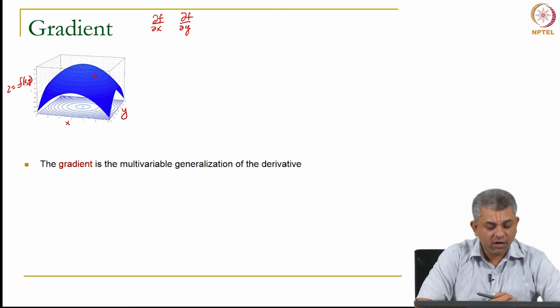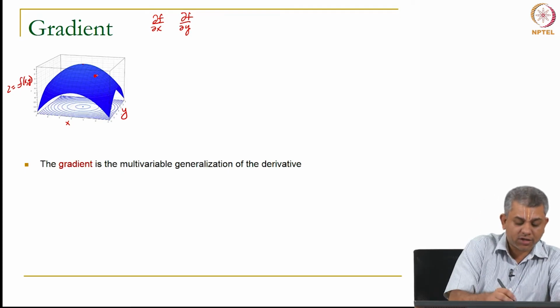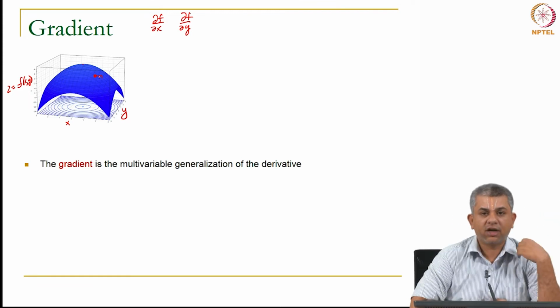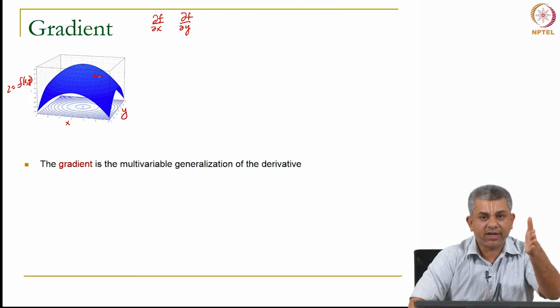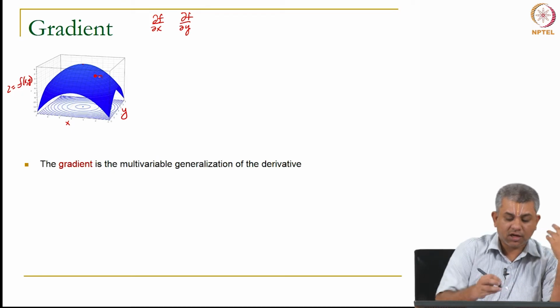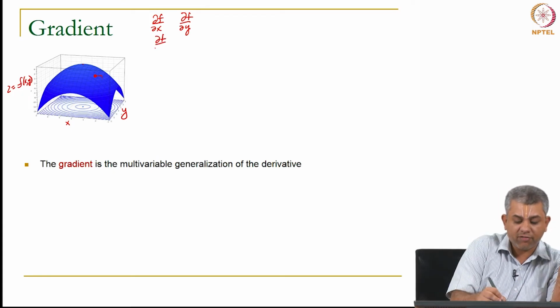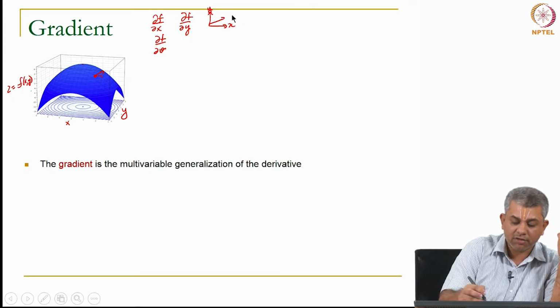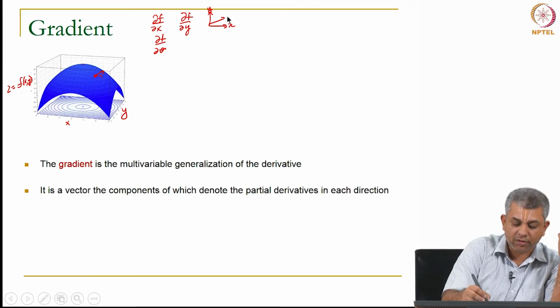In fact, instead of just looking at these two directions, so del f del x would be the change in the direction x and del f del y would be the change in direction y, you could ask a third direction, I could call it del f del v, where v is some arbitrary direction. Okay. So, if this is x, this is y, v could be some third direction altogether.